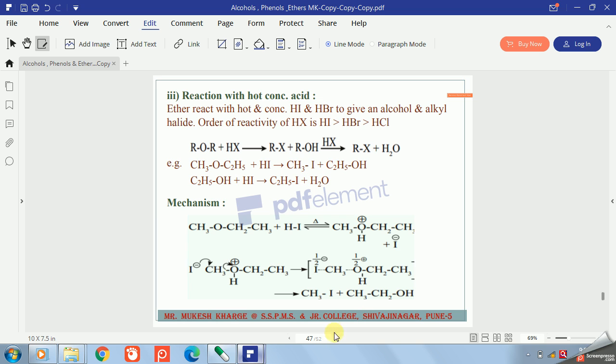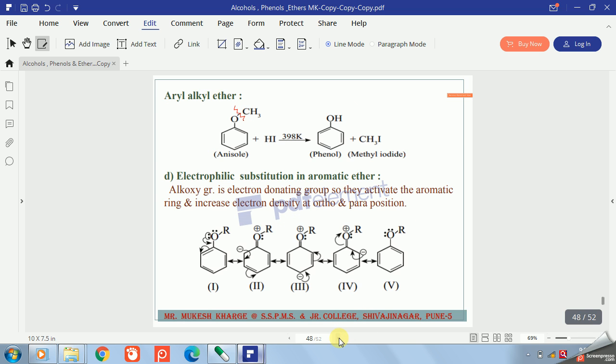Okay, so all of you understood this reaction. Next, when aryl alkyl ethers react with HI at high temperature such as 398 Kelvin, then we have to break the O-alkyl carbon bond and not the O-aryl carbon bond. So the O-CH3 bond undergoes cleavage, and what we get?